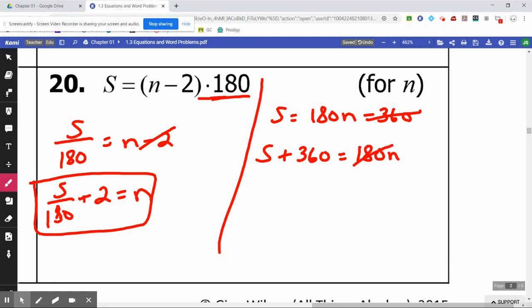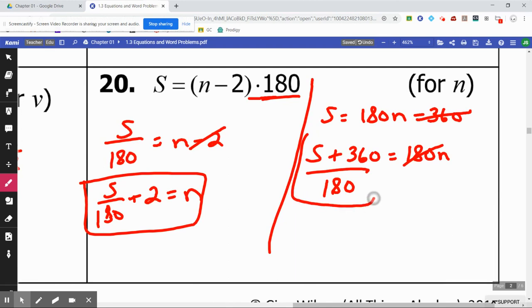And the last step, since these are multiplied, we're going to divide by it. And a lot of people say, well, that's not the same answer. But if you remember the distributive property that I just talked about, both of these are being divided by 180. You have s divided by 180, plus you have 360 divided by 180, which would give you that 2, so it actually is the same answer.